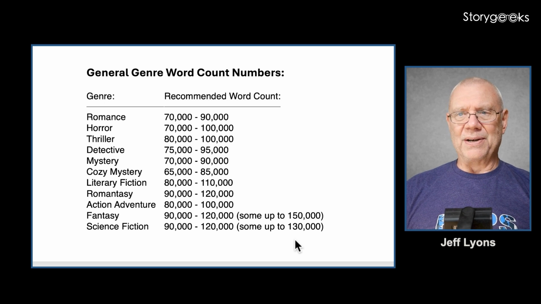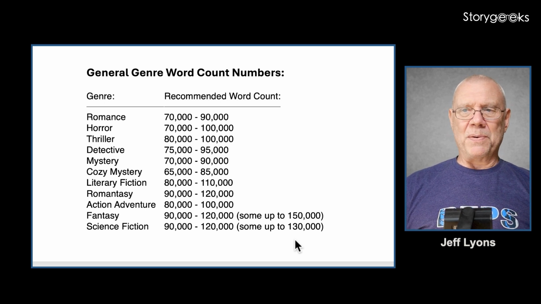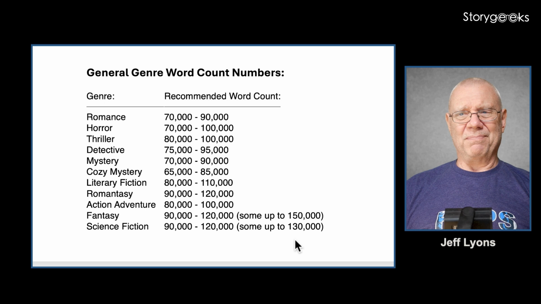I think literary fiction, romantasy, and all the others, those are a little over the top. I think those are a little high. You might get away with 100,000, but 150, 130, that's a pipe dream. Maybe on a second or third book, yeah, you could pull that off.